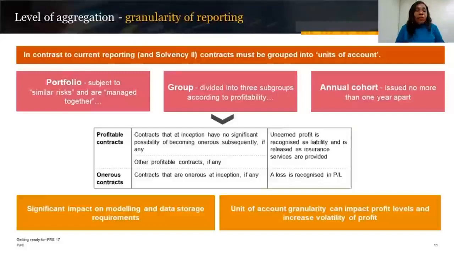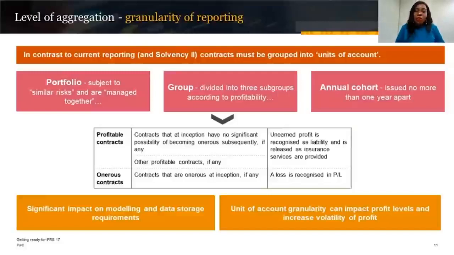And then you also consider contracts that at inception have no significant possibility of becoming onerous, and then other profitable contracts. So it means you're looking at onerous contracts, contracts with no significant possibility of becoming onerous, and then contracts that are profitable, but with a likelihood of becoming onerous over the life of the contract.